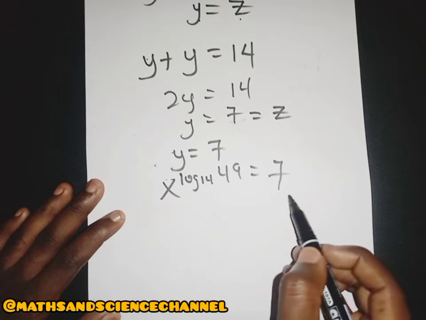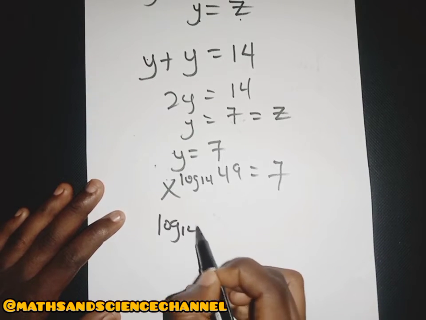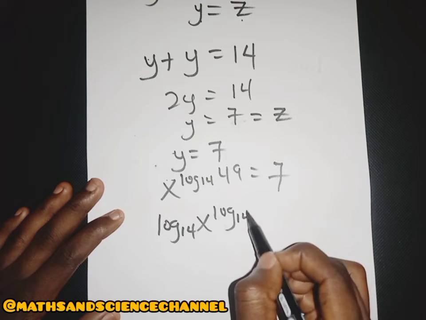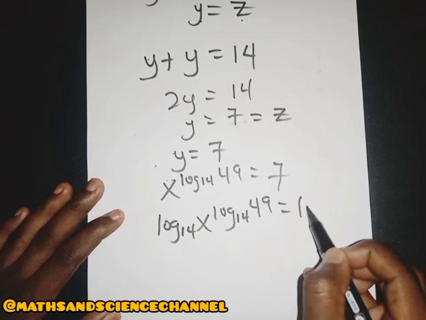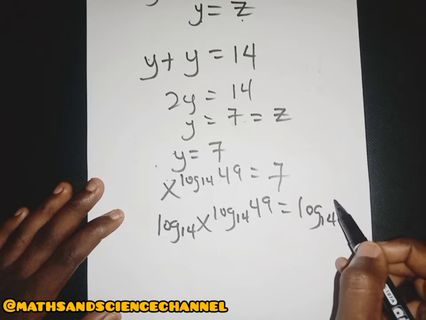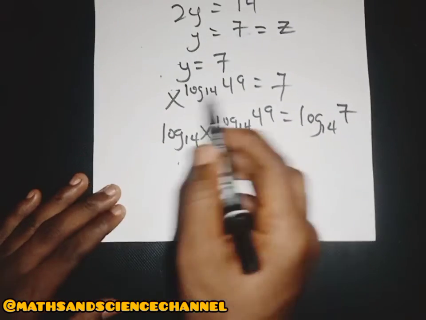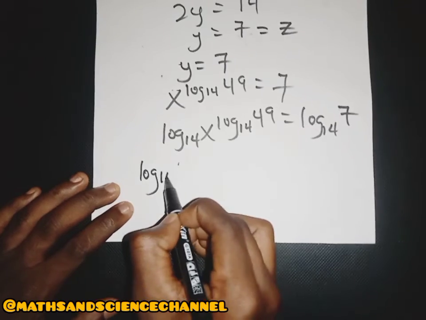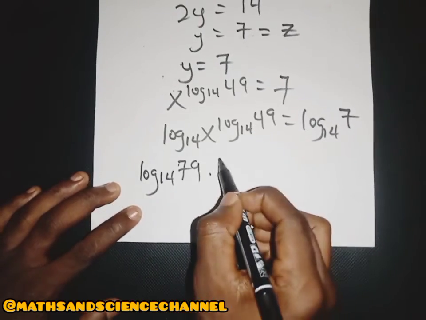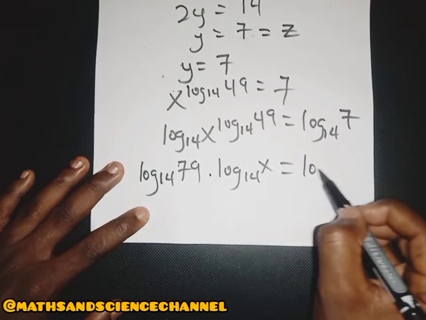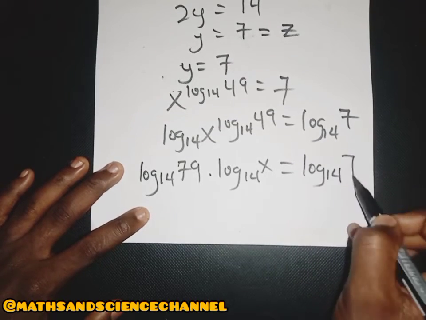So adding log base 14 to both sides, we drop the power, and then we have log base 14 of x times log base 14 of 49 being equal to log base 14 of 7.